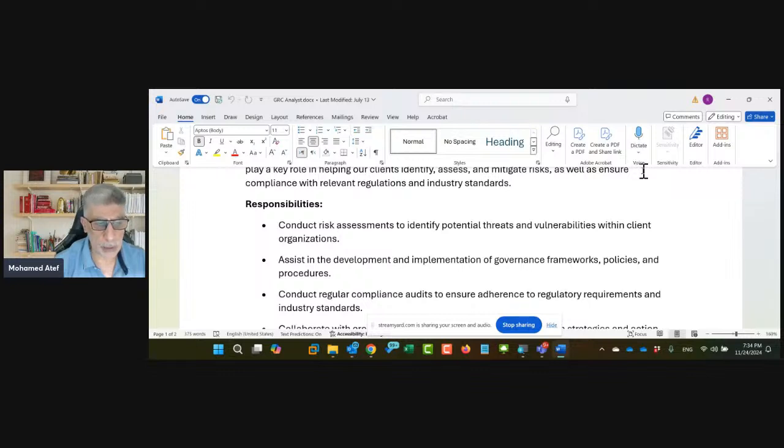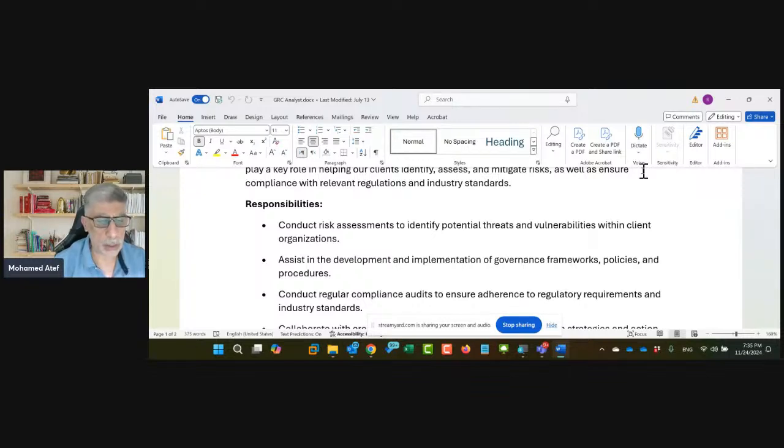Second, risk. You're going to need to know about information security risk, but not the full risk process, because risk is a big topic, and risk management starts from deciding on the methodology, to risk assessment, to risk treatment, to risk monitoring. But as a GRC analyst, you need to know exactly only how to conduct the risk assessment.